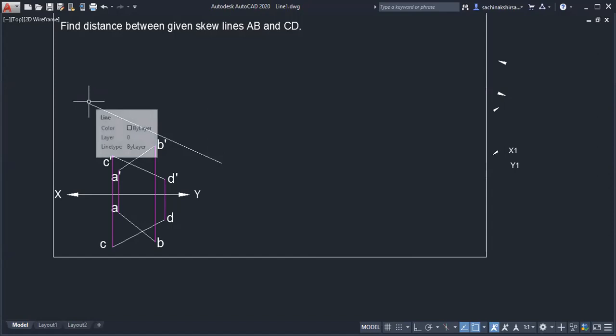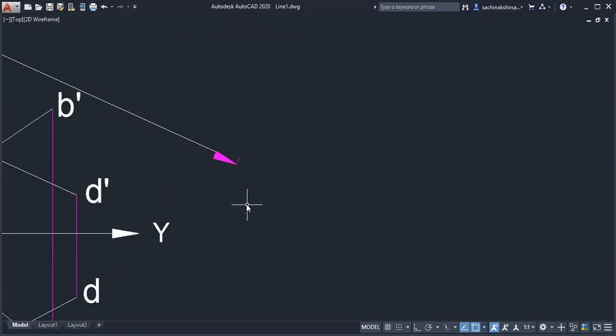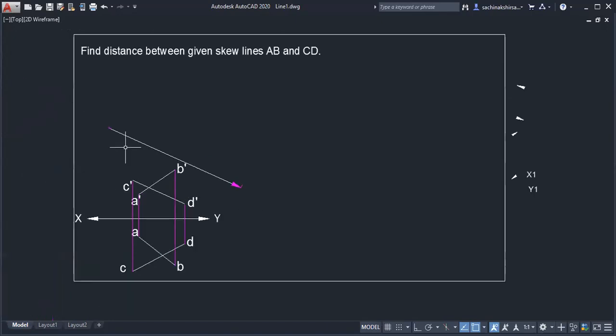Draw X1 Y1 parallel to the line we have targeted. Which line have we targeted right now? C dash D dash. Let us target that line. This will be my X1 Y1.